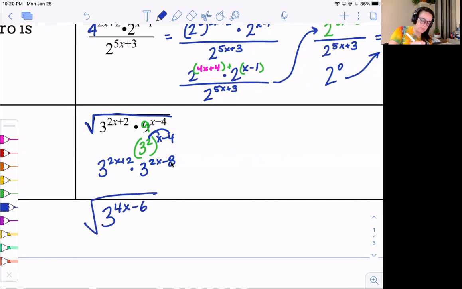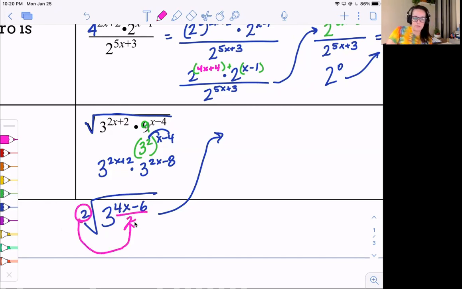And this is still square rooted, right? At every point along the way, it was square rooted. So now I'm thinking, okay, my square root, I know this is a 2. There's technically like a 1 here. Or I could be thinking, okay, this is my exponent. I have a 2 here. So this 2 is going to swing down here to be my denominator, right?